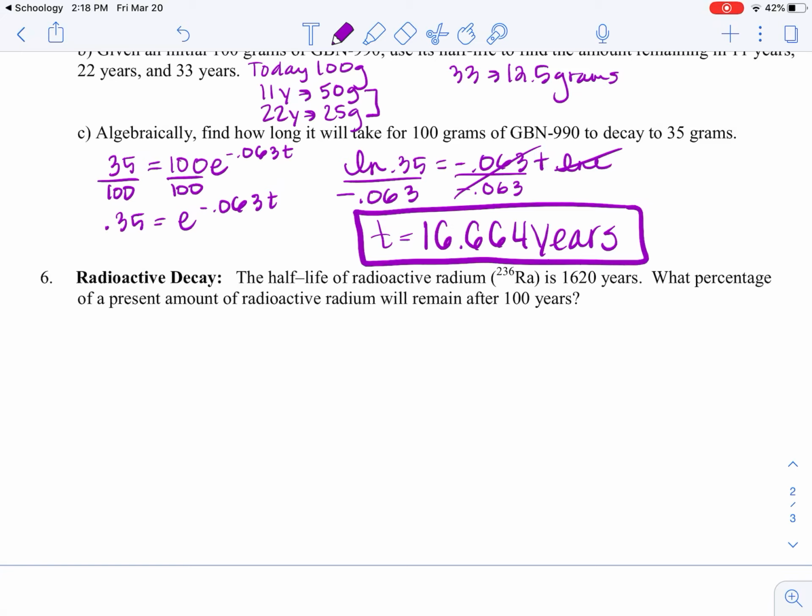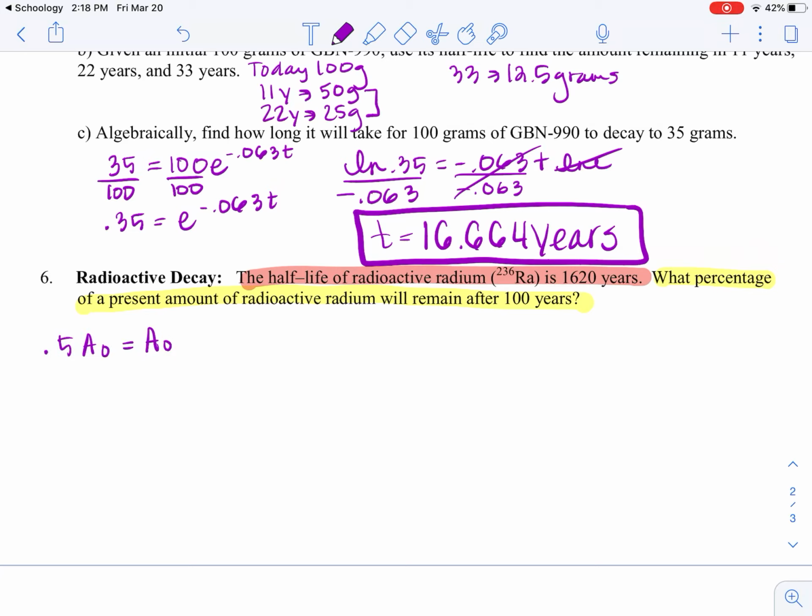So once again, I need the rate at which it decays so I can answer the follow-up question, what percentage of a present amount of radioactive radium will remain after 100 years? So what I'm highlighting in red here, whenever I see a sentence such as "the half-life of blank is blank years," I can always solve for the rate using that information. So let's go ahead and do that.